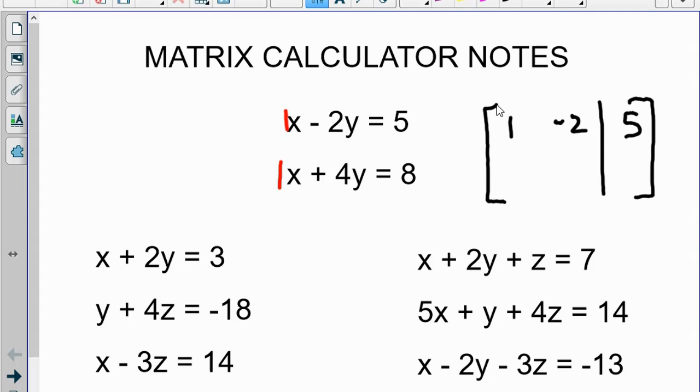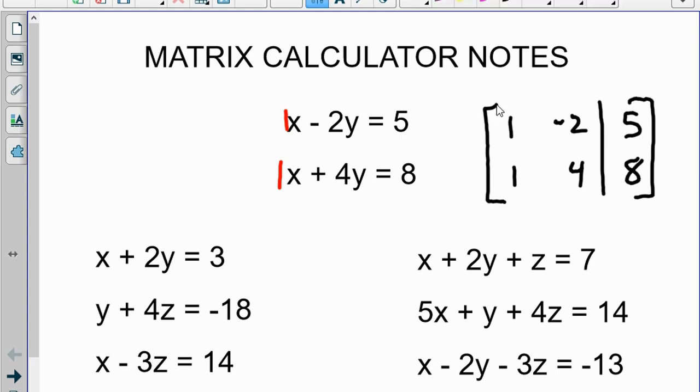So x minus 2y equals 5, we would have coefficients of 1 and -2, and then the quote-unquote answer on the right side of the equal sign, we're going to put over here with 5. The x coefficient in the other one is also 1. We have a y coefficient of 4. And x plus 4y equals 8, so we'll put 8 over on the far right.